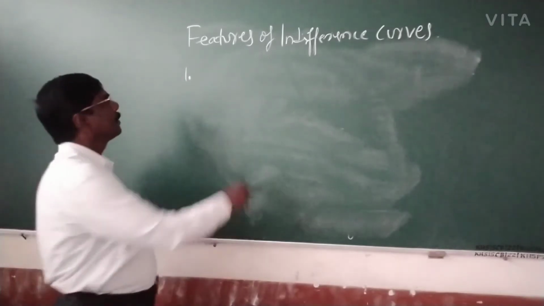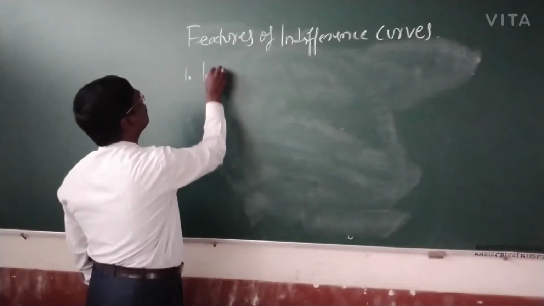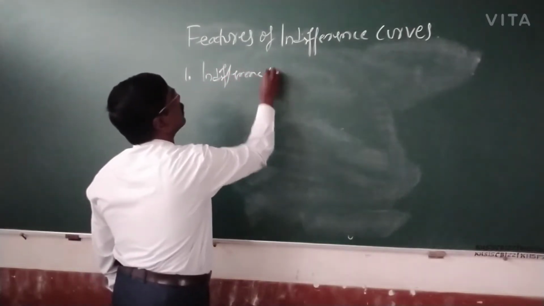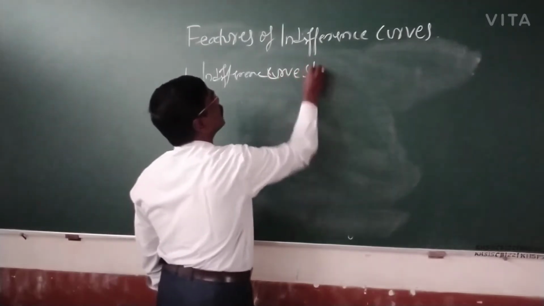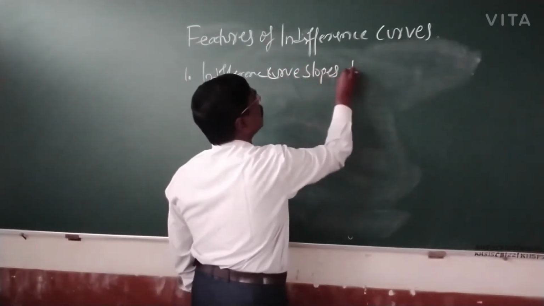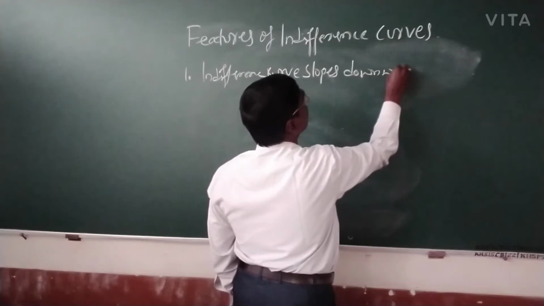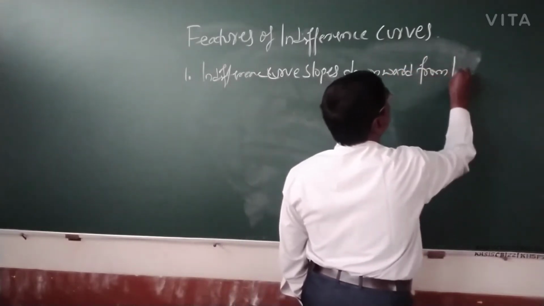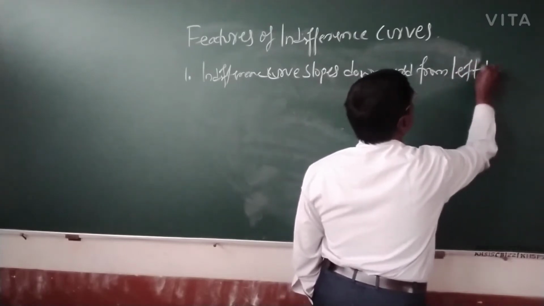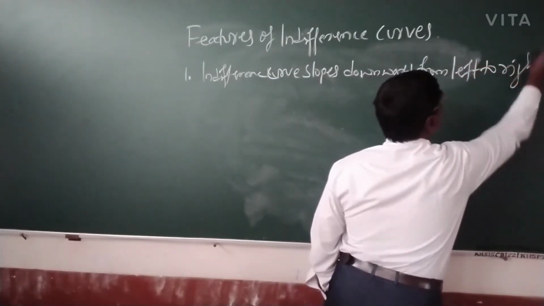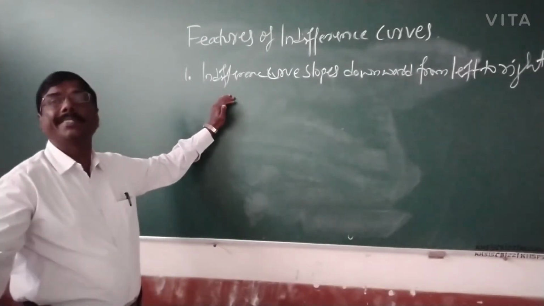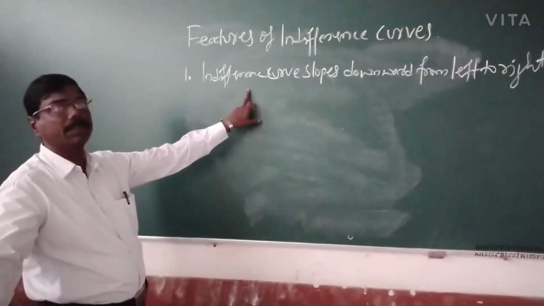Indifference curve slopes downward from left to right. This is the first feature of the indifference curve.